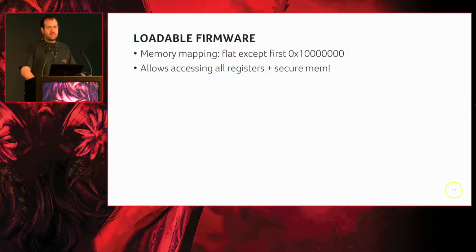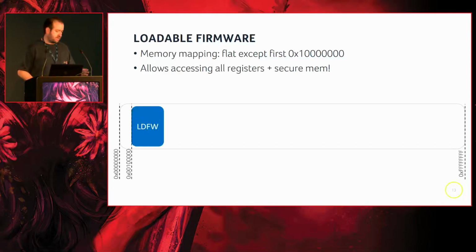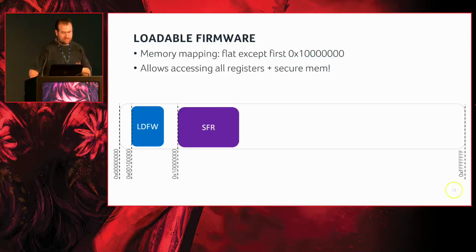So let's take a look at how loadable firmwares look when they are loaded in memory. They have a very simple memory view. This is the lowest 32 bits of the memory ranges. At address 100000, there will be the image of the loadable firmware as stored in flash, but of course decrypted and then stored into memory. Then at this address, there will be all the registers that are supported by the SoC.